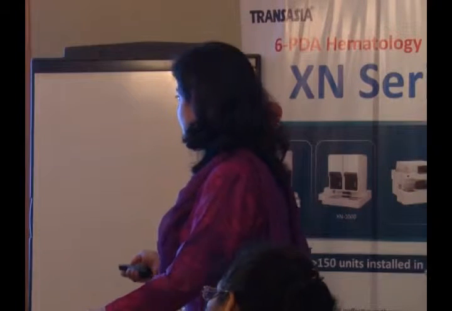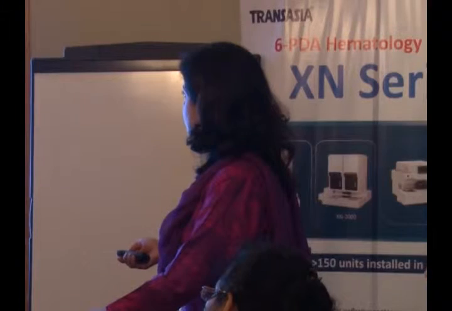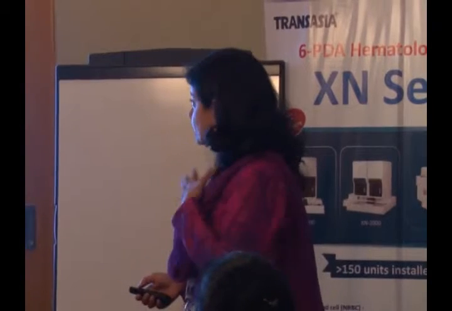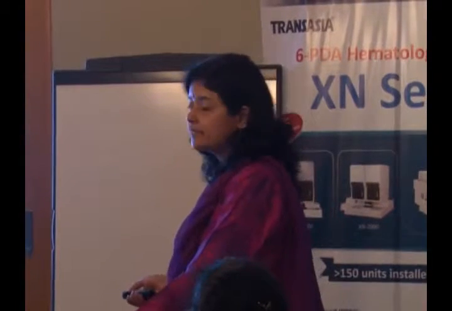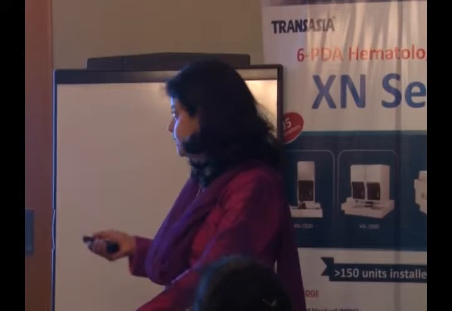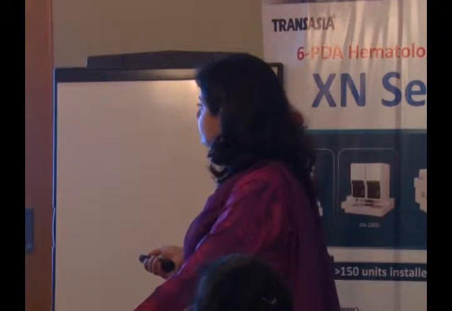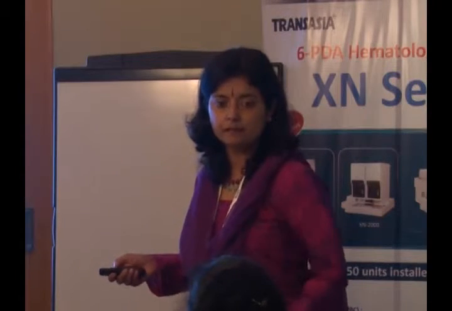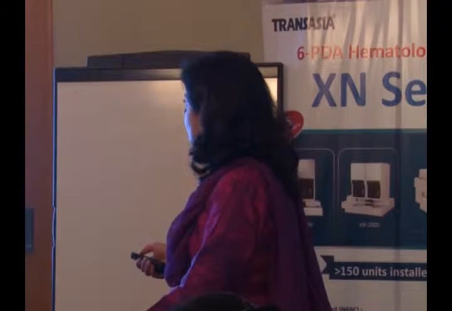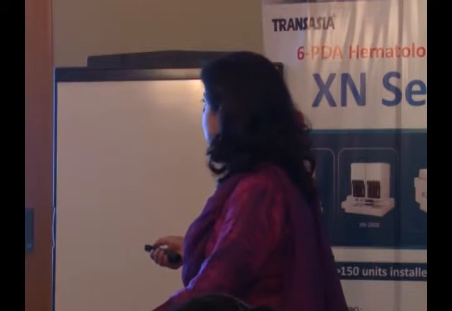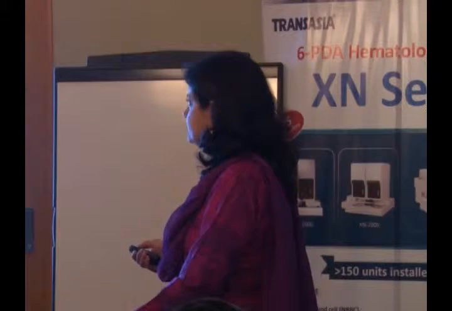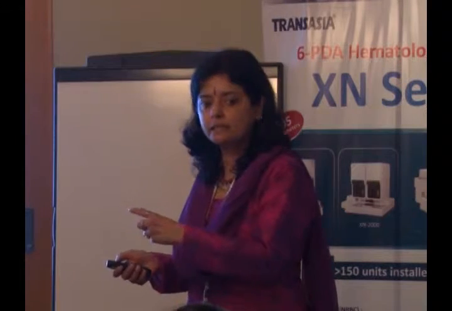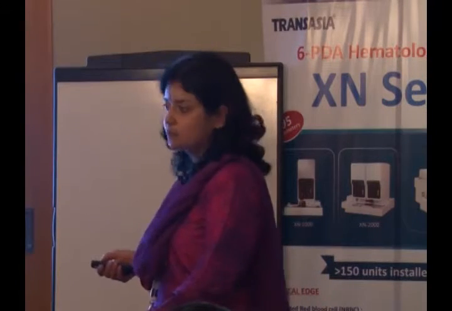So now we get a good NRBC count directly from the machine. And when do you use them? We know that we use them in newborns and young infants. But what I did not know much is that the ICUs use it a lot. They want the NRBC count, and there are a lot of publications because they feel that in sepsis, if NRBCs start rising, it is a predictor of bad prognosis. There are also publications on thalassemia: in known thals, the number of NRBCs is an indicator of how bad their erythropoiesis is.